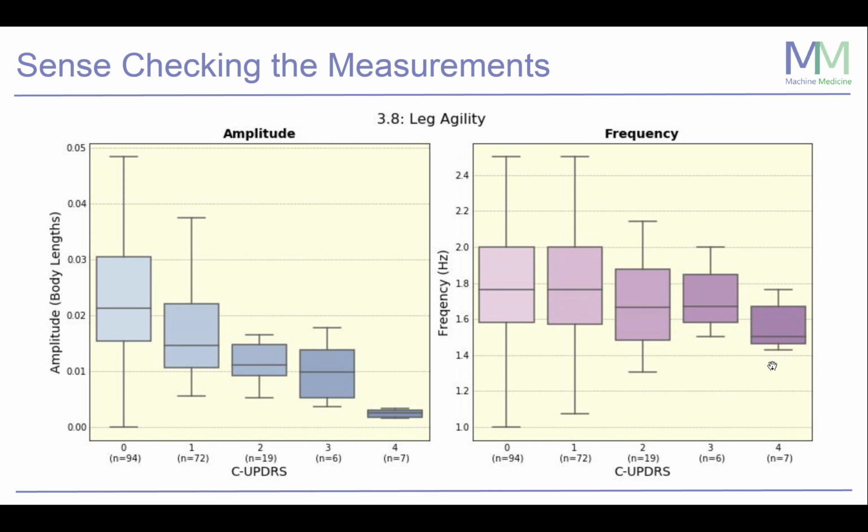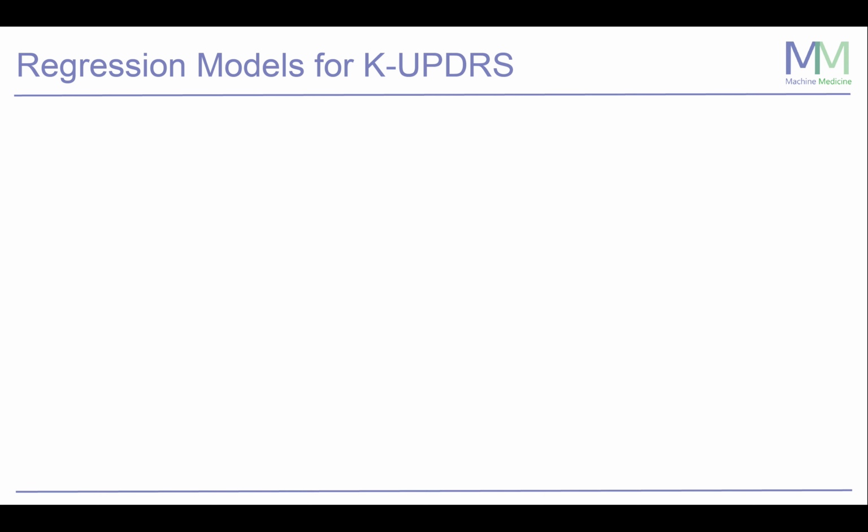So these are just sanity checks, making sure that the data we're pulling out conforms with what we'd expect from our clinical knowledge and the observations that have been made about Parkinson's disease in the literature.